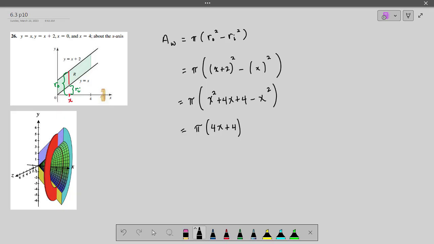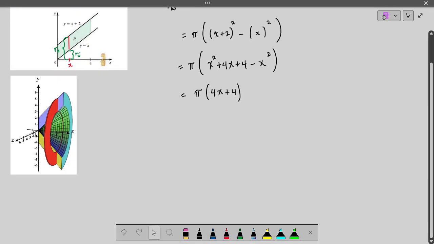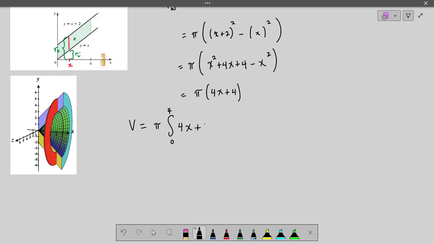Pretty simple area function. Integrating a linear function will be pretty quick. And they tell us the limits of integration here are 0 to 4, so there's not a lot of math to be done in figuring out your limits of integration. We will do the power rule. Add 1 to the exponent, divide by the new exponent.